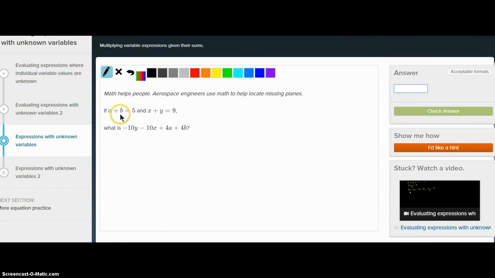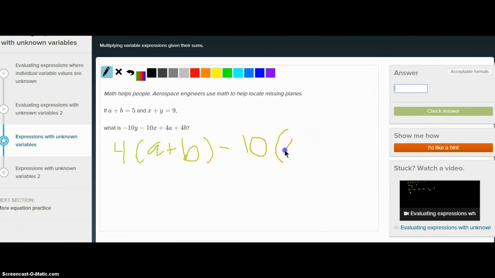Alright, last problem here. A plus b equals 5, x plus y equals 9. So let's look at the a's and b's. We have 4a and 4b, so let's factor out 4 and have a plus b. And then we have negative 10y and negative 10x, so we can factor out a negative 10.